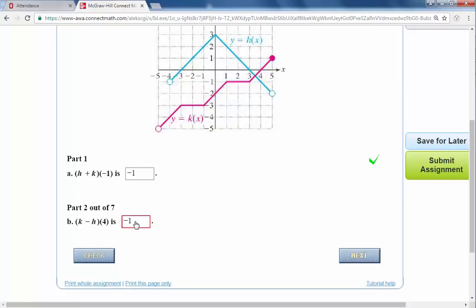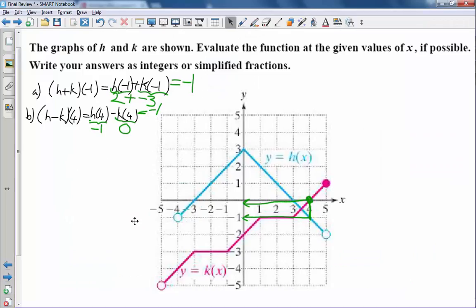It was k minus h. We did h minus k. Alright. This was b prime. B is k minus h actually at 4. Well, guess what's going to happen? These two will flip.